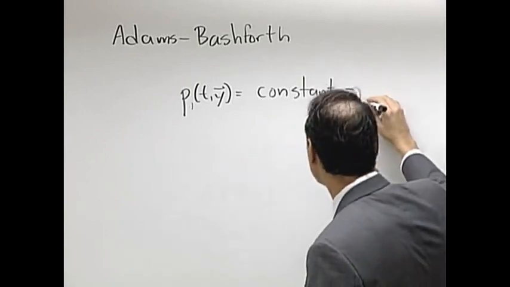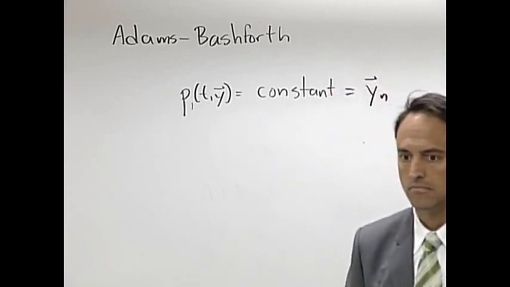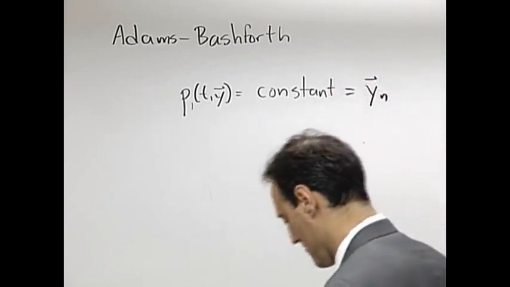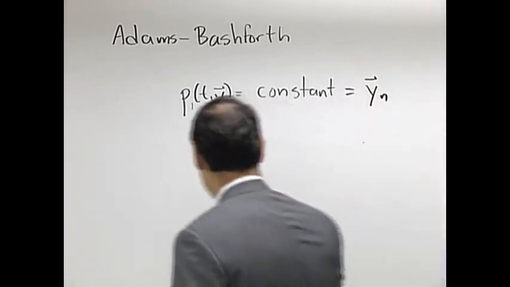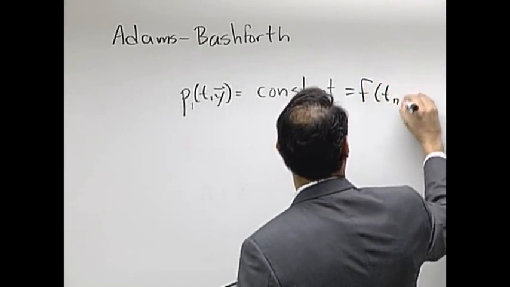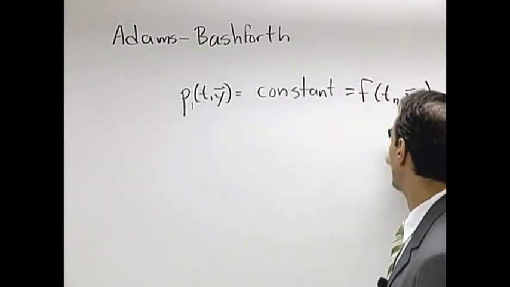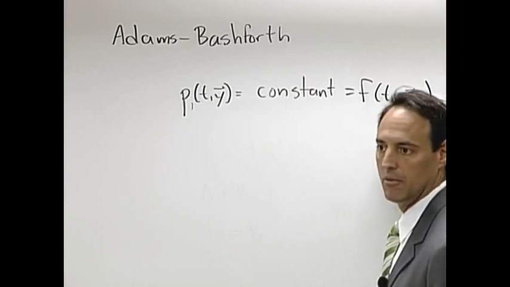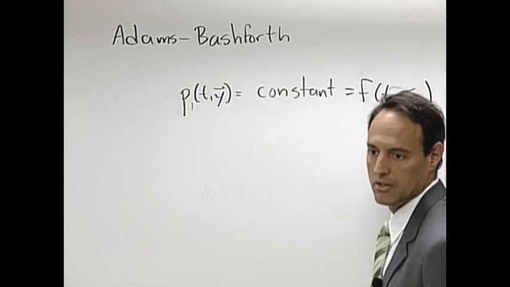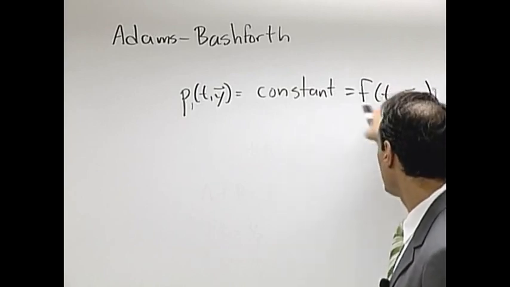Now, if we do this, what constant should we pick? Well, how about we pick y of n? Or sorry, the solution, we'll pick this to be this following constant. We'll evaluate the polynomial, this constant, just make it the value of f at the current time. Okay? So there's my constant.